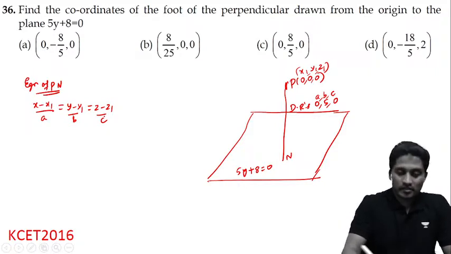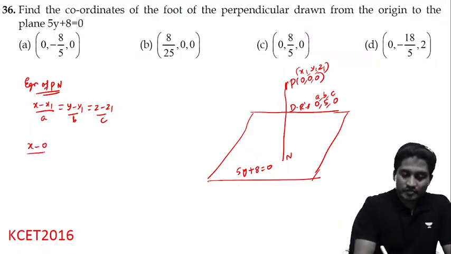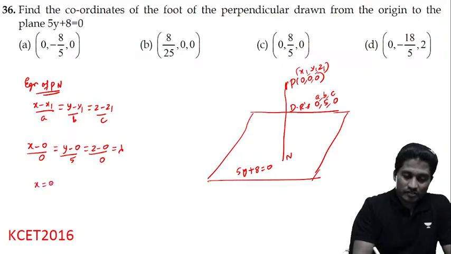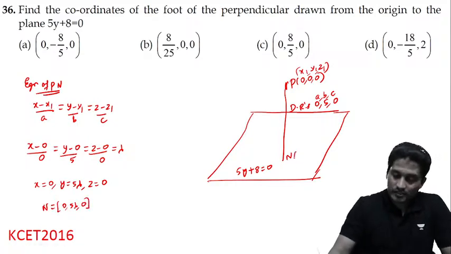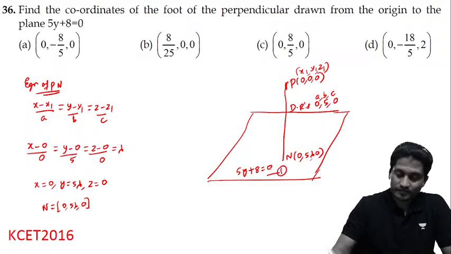The equation of line PN will be x minus 0 by 0 equal to y minus 0 divided by 5 equal to z minus 0 divided by 0 is equal to some scalar lambda, let's say. We get x is equal to 0, y is equal to 5 lambda, z is equal to 0. The foot of the perpendicular will be 0 comma 5 lambda comma 0. Call this equation 1.